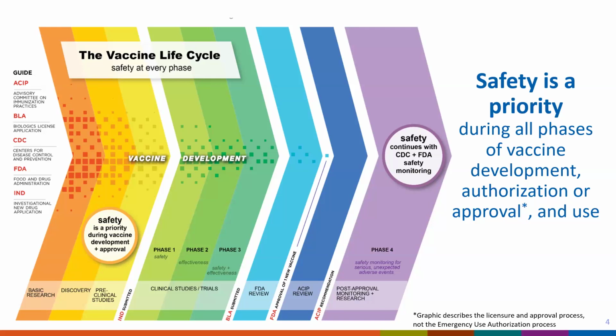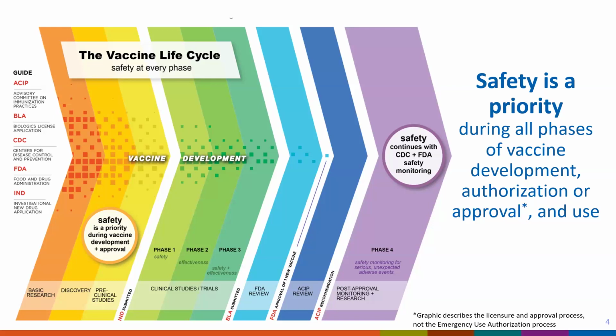If approved, the FDA will continue to monitor the production of the vaccine, including safety and purity. After approval, the Advisory Committee on Immunization Practices, or ACIP, which is a group of experts convened by the CDC, will make recommendations on the vaccine schedule and the age and high-risk groups eligible for vaccines, and will also continue to review the safety data.